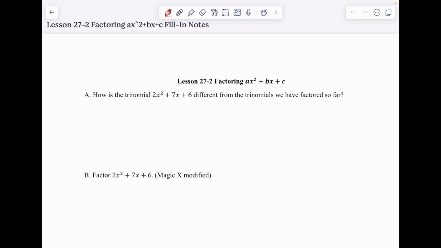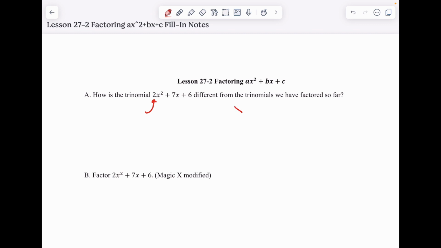Let's get started. In part A, it says, how is the trinomial 2x squared plus 7x plus 6 different from the trinomials we have factored so far? Normally, if we see a trinomial like this, we would use our magic x. But what's different about this trinomial is that it has a coefficient in front of the x squared.